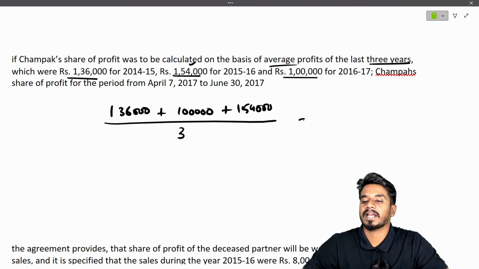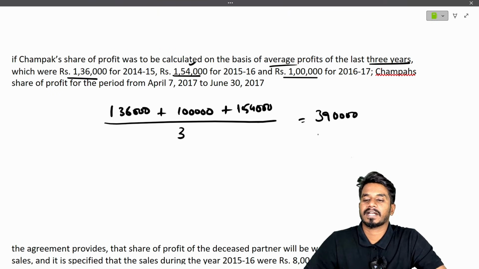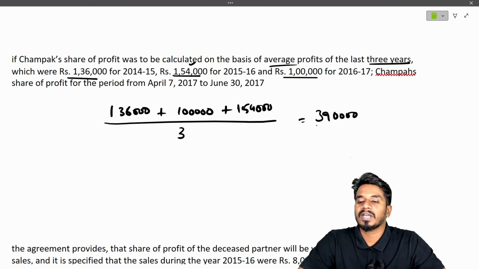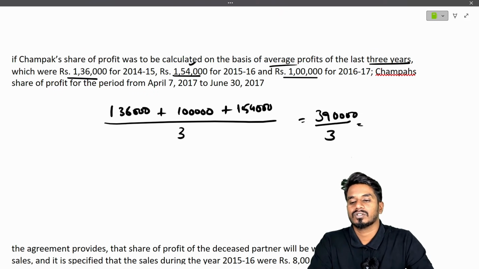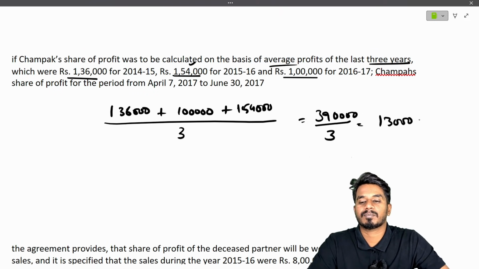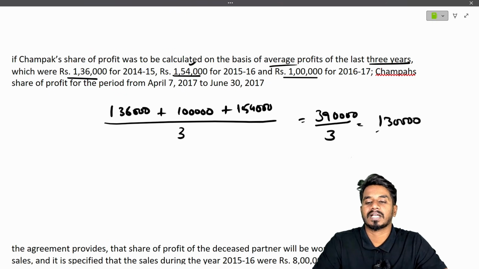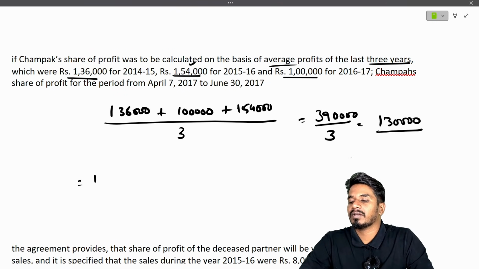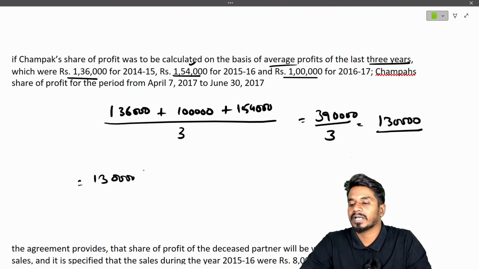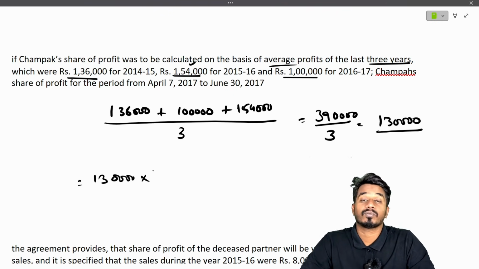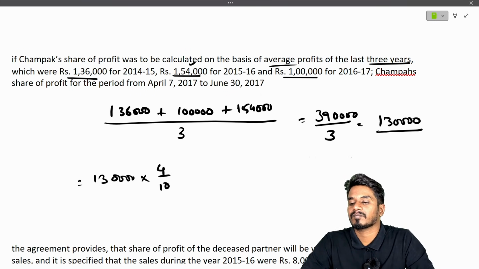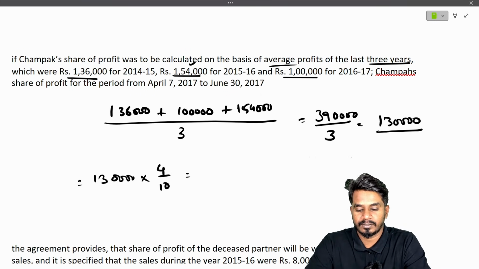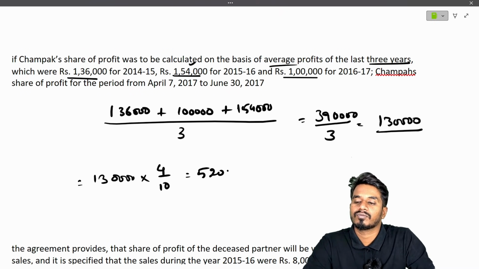The total is 3,90,000. Divided by 3 years, we get 1,30,000, the average profit per year. Now we have to calculate his share of profit, that is 4 by 10 into 1,30,000, which is 52,000.